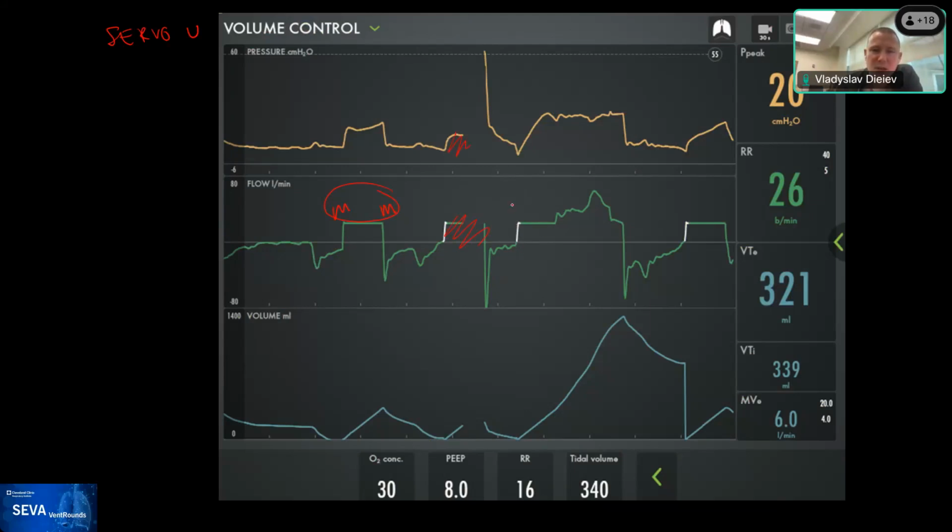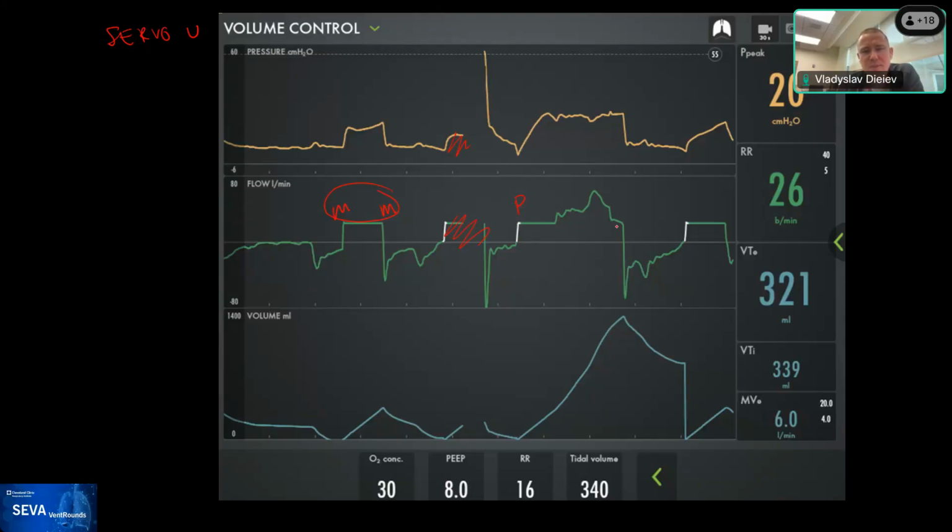This one was actually triggered by the patient. So there's a flow trigger, patient, and then we see continuous flow and the pressure goes up. And then pressure remains pretty stable throughout the breath at some point, and the breath extends far beyond the I time that you would expect from the mandatory breath.